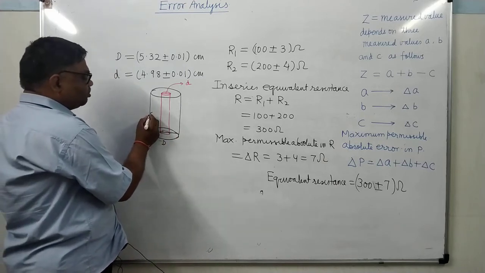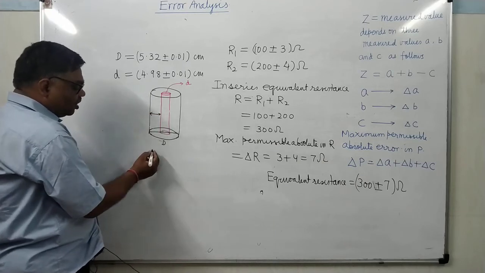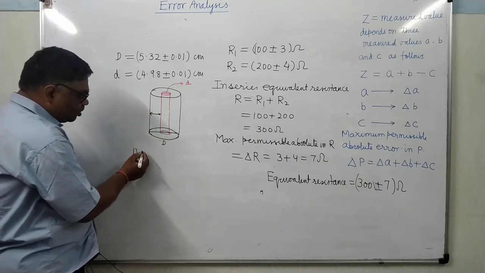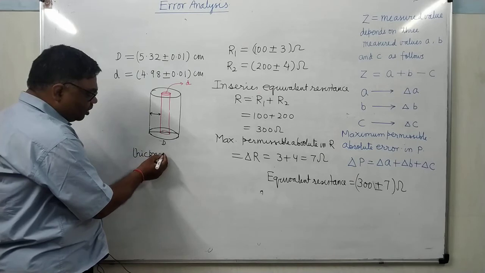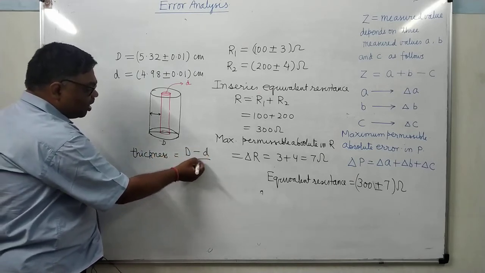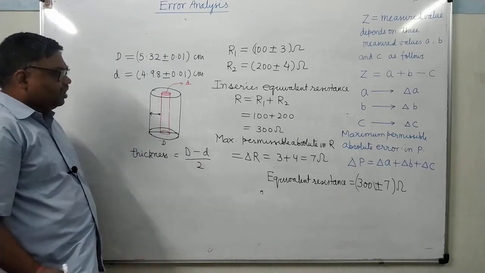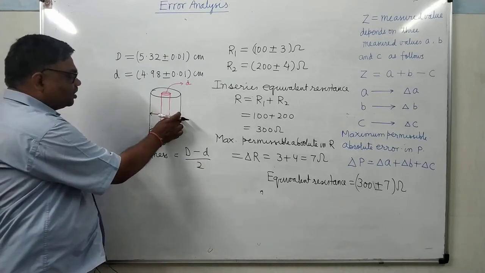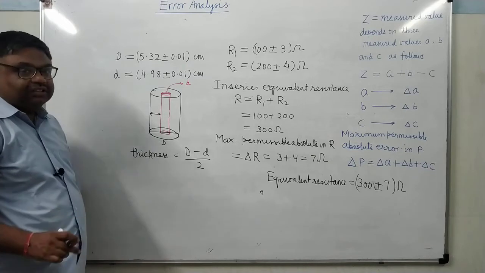Thickness is only this much. So thickness will be equal to capital D minus small d by 2. Is it clear? Because this plus this equals capital D minus small d.